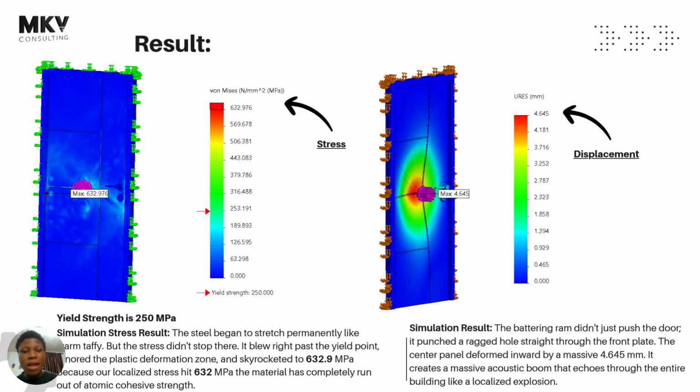It just slams through. Most importantly, if you look at the displacement and deformation, it goes through at least 5 millimeters, creates a massive acoustic boom and just goes inside, forcing the shockwave through our entire structure.